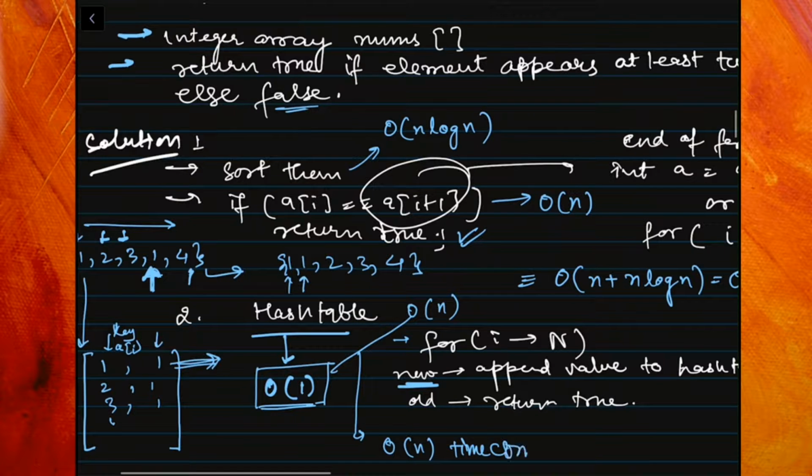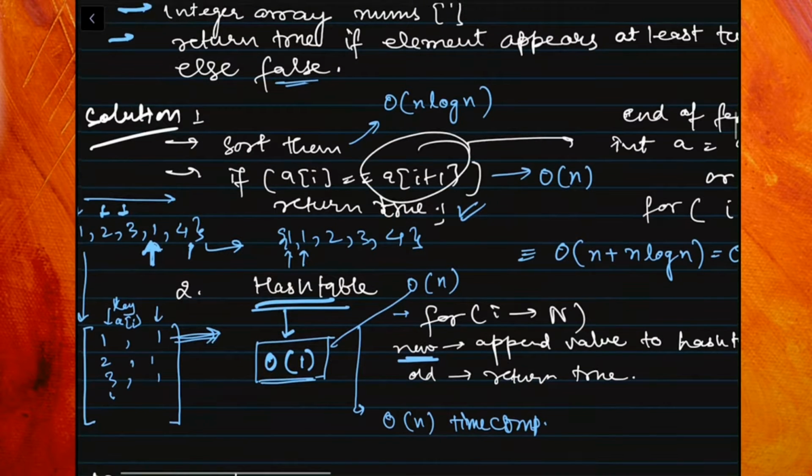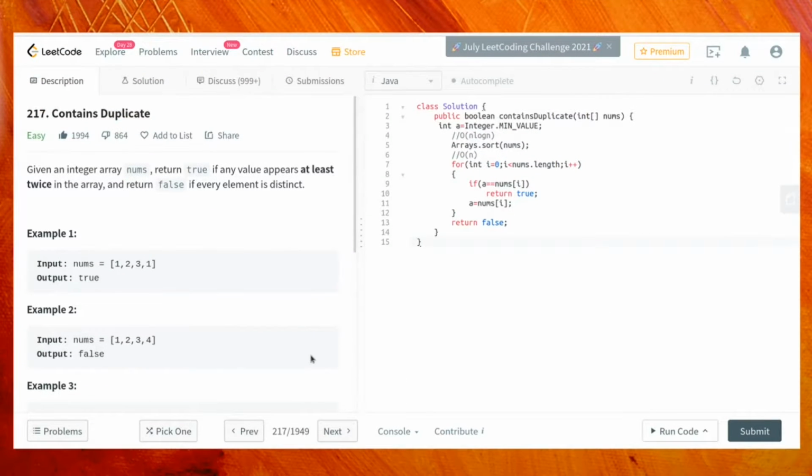But we have used a hash map that would take n elements, so the space complexity would be O of n. That's the cost that we need to pay for getting the time complexity as O of n. Okay, let's go to our code.